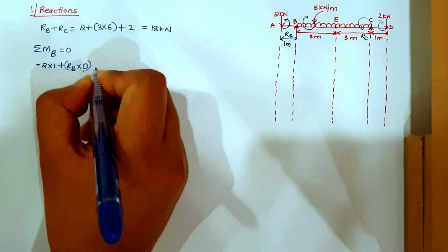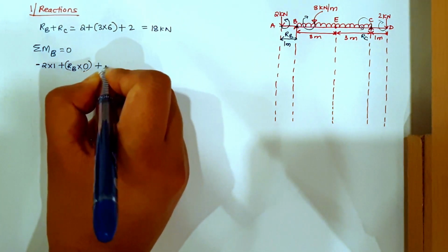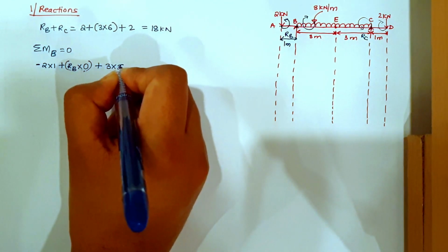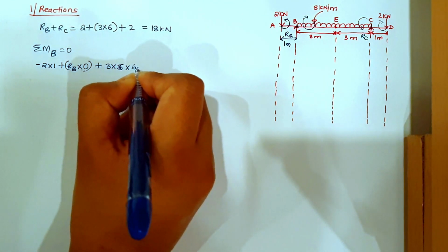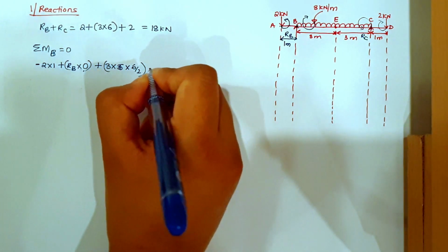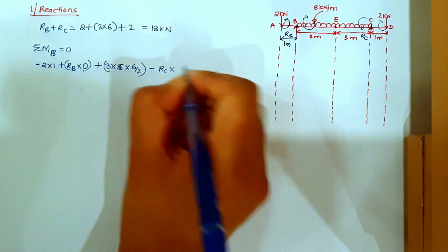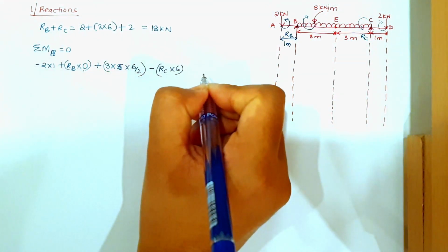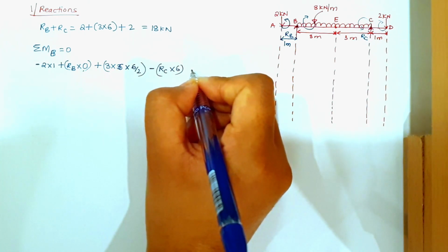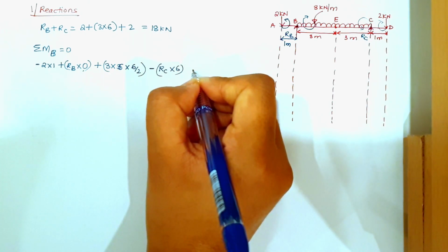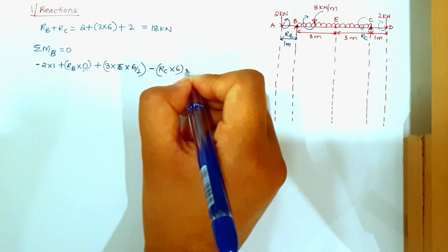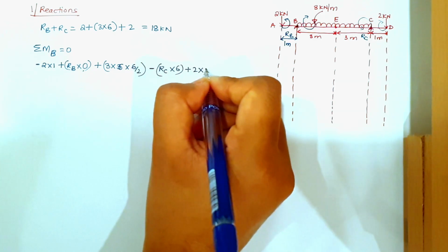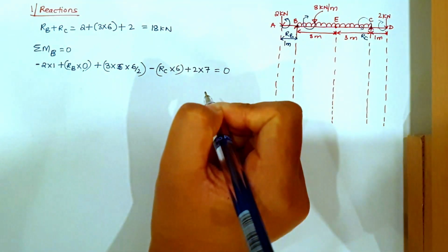So UDL in a clockwise direction: plus 3 into 6 into 6 by 2, minus RC into the distance from C till B, which is 6. Then the point load from D, which is going clockwise, so plus 2 into the total distance from D to B, which is 7 meters, equals 0.